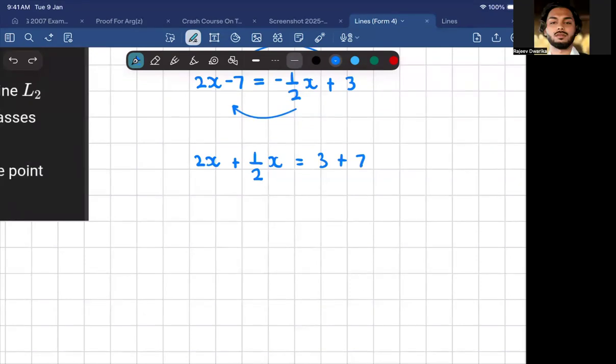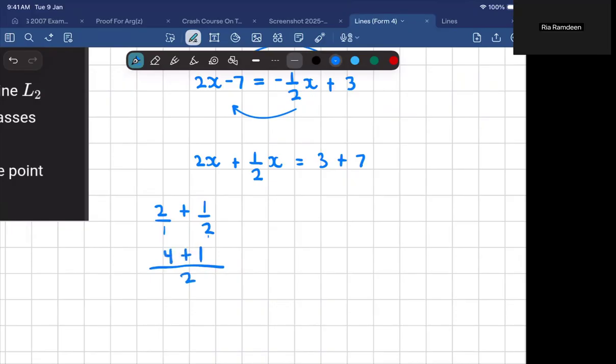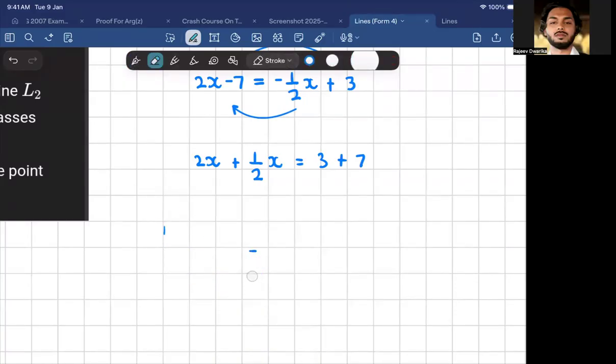And if you want to do it manually, watch. 2 is the same thing as 2/1. The LCM is 2. 1 into 2 is 2, 2 by 2 is 4, 2 into 2 is 1, 1 by 1 is 1. 4 plus 1 is 5. So 5/2. On the left-hand side, we have 5/2 x.